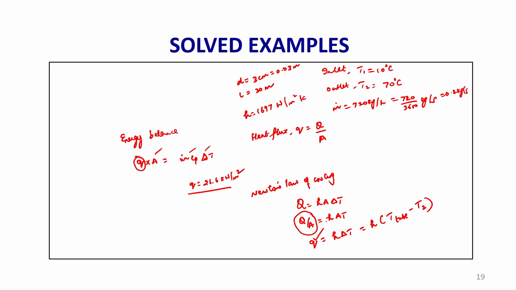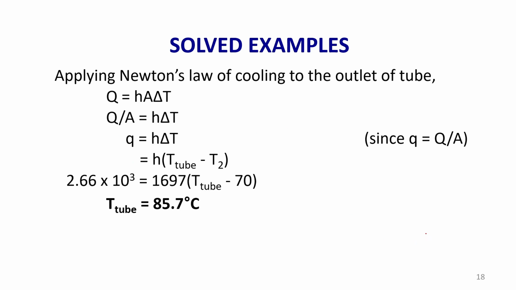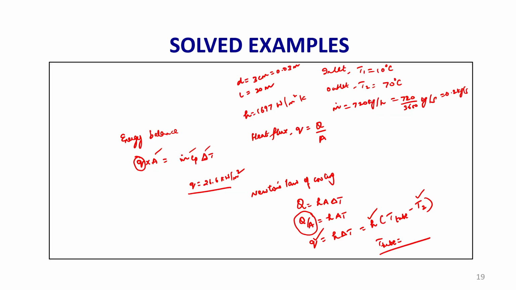Q is known, we have just estimated, H is given, this is unknown, T2 is given. So, we can find out the temperature of the tube. The temperature of the tube will be equal to 86 degree centigrade. To be more specific, it is 85.7 degree centigrade.